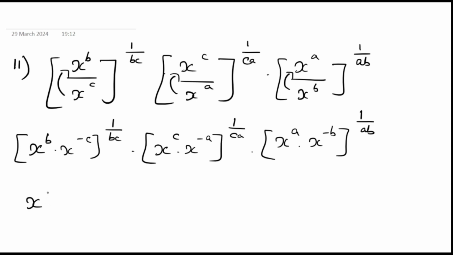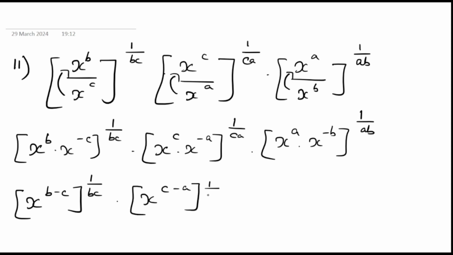So this will become x^(b-c), the whole to the power 1 divided by bc, into x^(c-a), the whole to the power 1 divided by ca, into x^(a-b), the whole to the power 1 divided by ab.